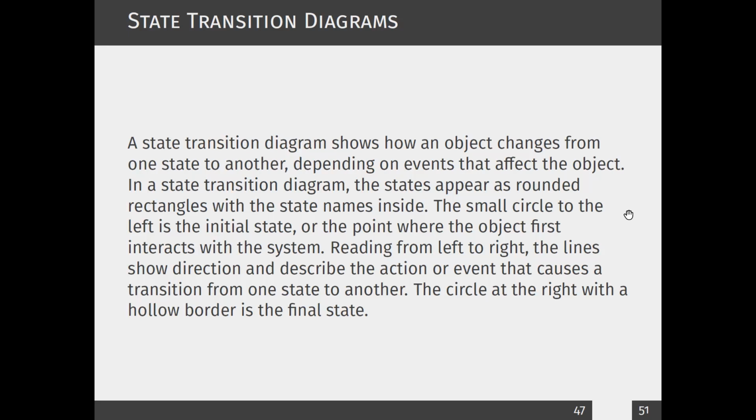Okay, right. Now, a state transition diagram, usually we can represent how the object actually changes from one state to another. It actually depends on different events or effects on the object. So the idea is, we will start with one state and then you move on to another state, another state, and so on.